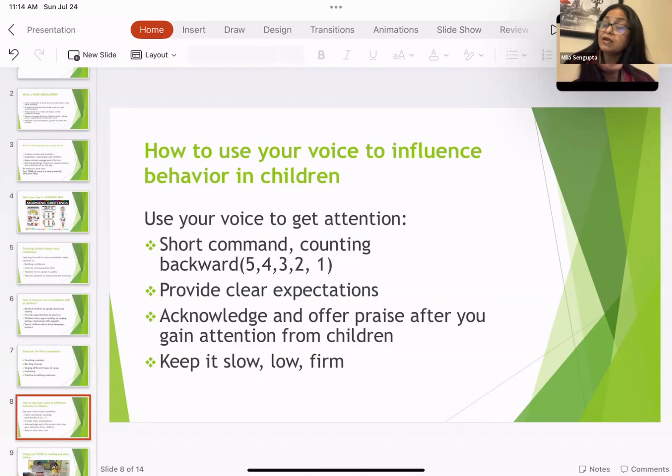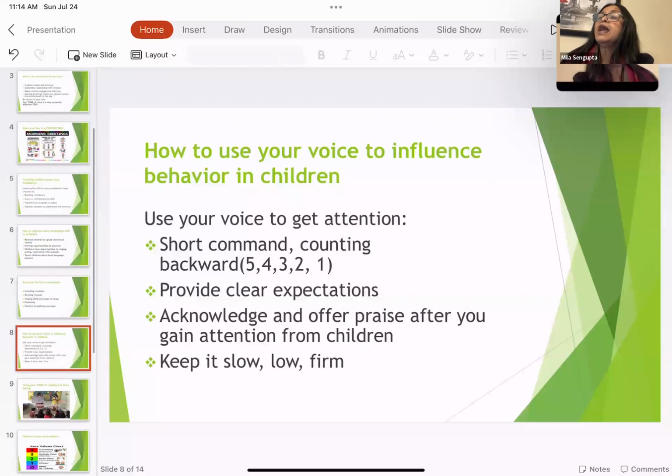Like I said, these are verbal cues, but you can make some pictures and show them to the children for getting their attention as well. So your voice modulation can be an effective tool for behavior management in your classroom. And behavior management is an integral part of your classroom routine, which helps you to make learning effective, engaging, and meaningful.